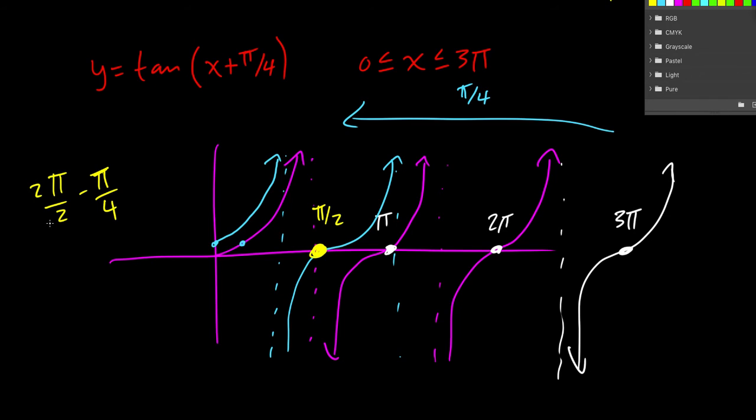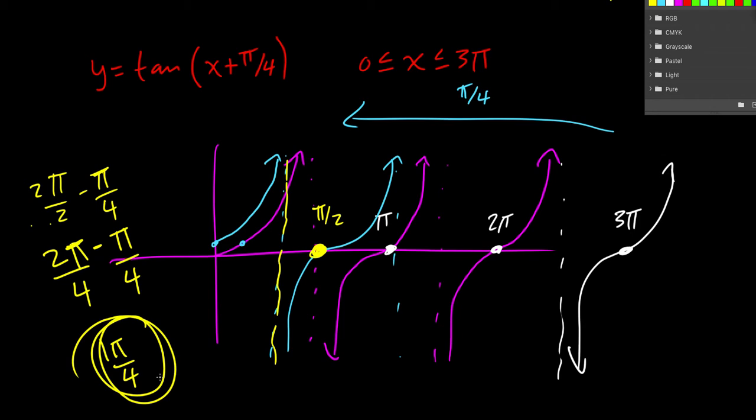That's 2 pi minus pi, both over 4. So 2 pi minus pi would be 1 pi fourth, or just pi fourths. So this new asymptote right here is going to be at pi fourths.